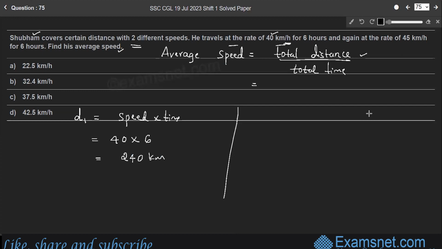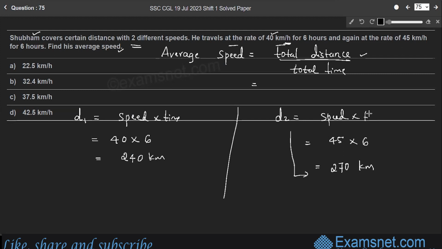Whereas distance covered by him in the second case is again speed into time. He was moving with the speed of 45 km per hour and he traveled for 6 hours. So the value is 270 km, the distance covered by him in the second case.